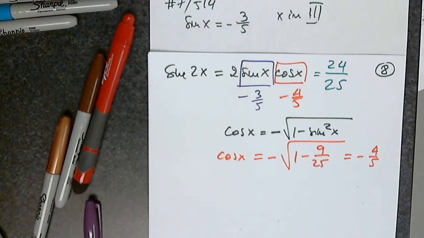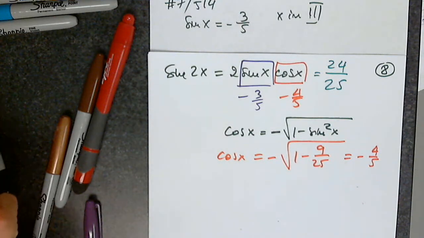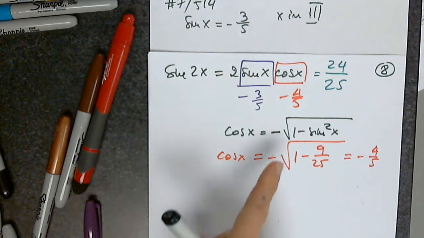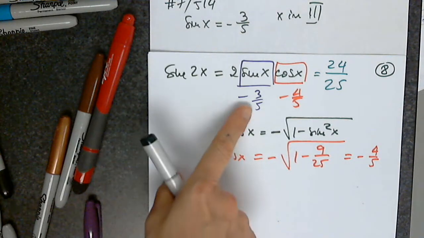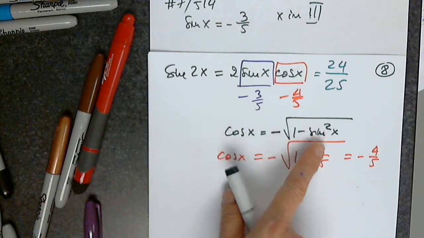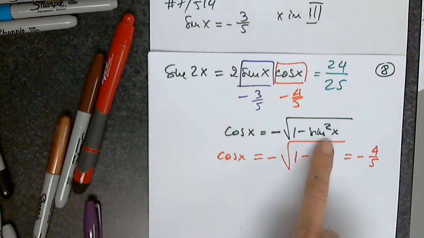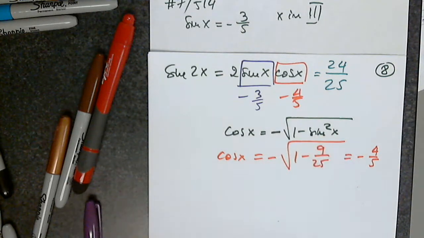No, because sine of any angle cannot exceed 1. Very good. Any questions? Is this okay? Now say it again. Where was the 9 over 25? Oh, I have to square this. So you plug the negative into sine, and then you solve that. Okay.